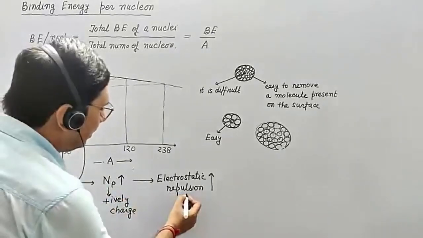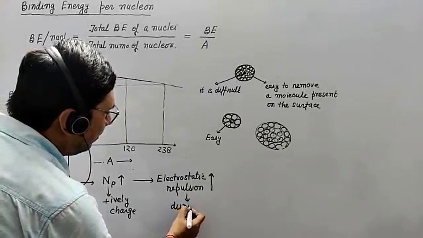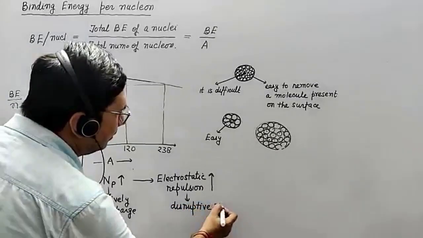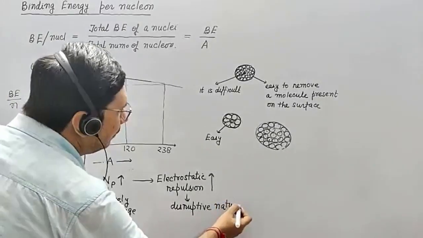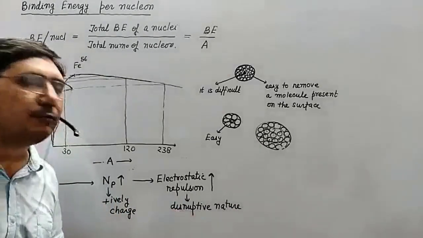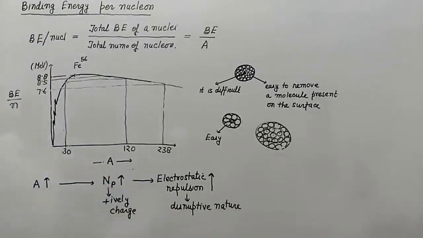This repulsive force, electrostatic repulsion, is of disruptive nature. Because it is disruptive, it is working against the binding of the nuclei. So this is reducing the binding energy.